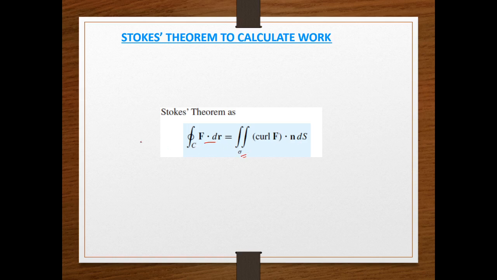Remember one thing, C is in three dimensions, the boundary of a three-dimensional surface. Then the line integral over C of F dot dr equals the double integral over sigma of curl F dot n dS.